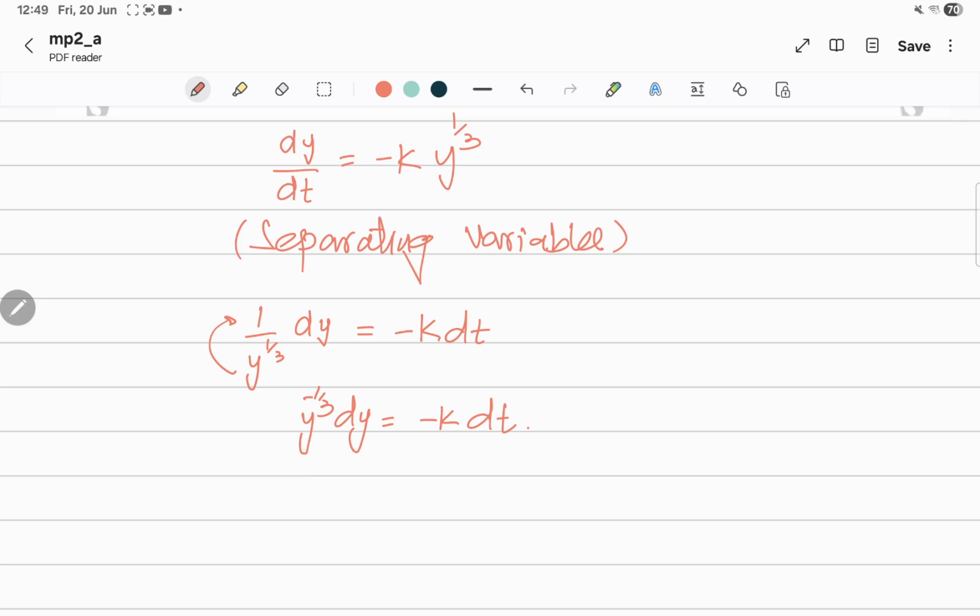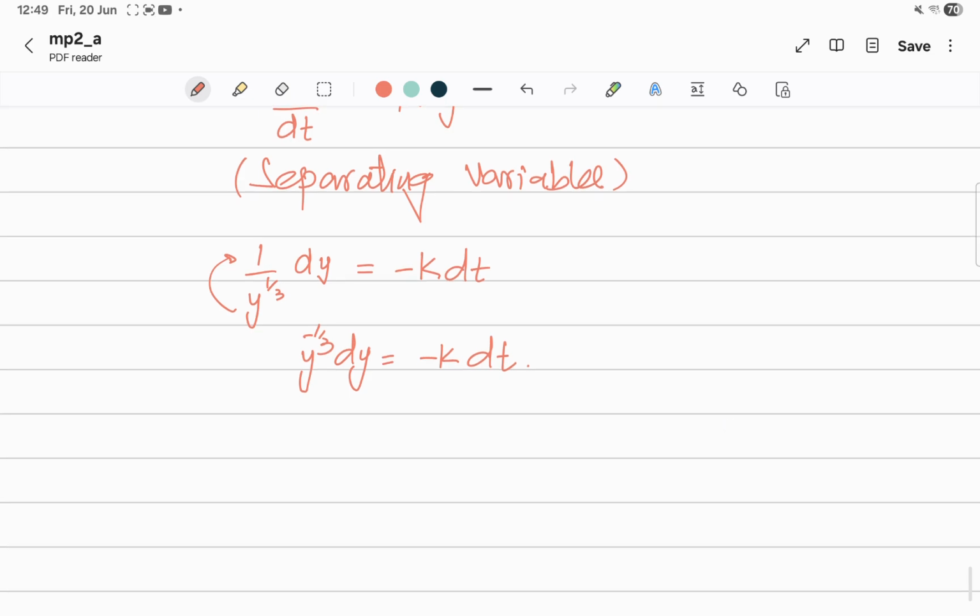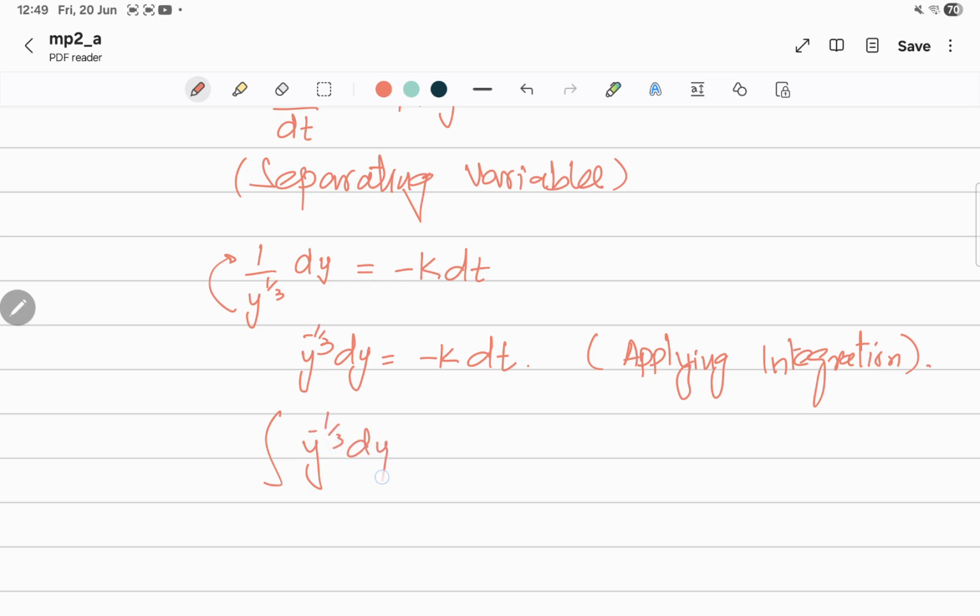Now the variables are separated, we can apply the integral on both sides. So the integral of y power minus 1 over 3 dy equals minus k integral dt.